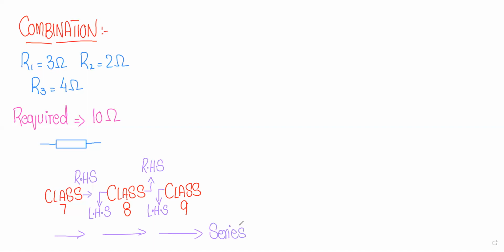And let's suppose we take the example of students of a single class, right? Let's suppose we're talking about class 7, so this is the left hand side and the right hand side is already mentioned. So when we are moving in a straight line like this, the right hands of all students are in one line, right?